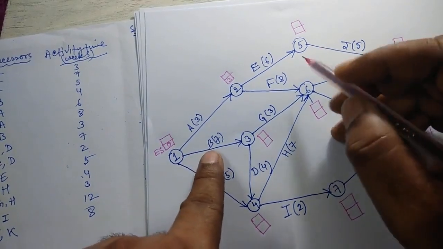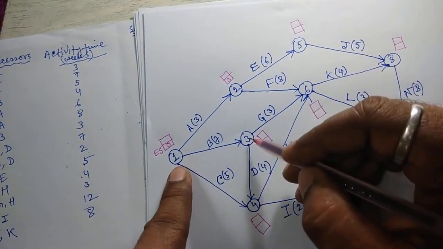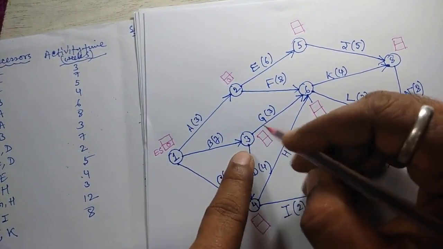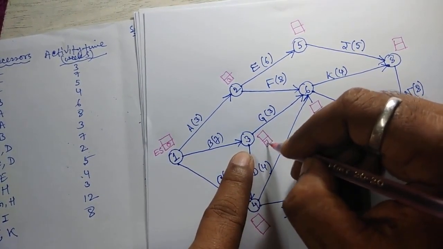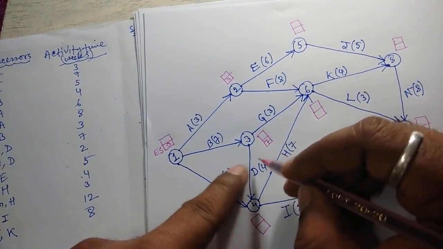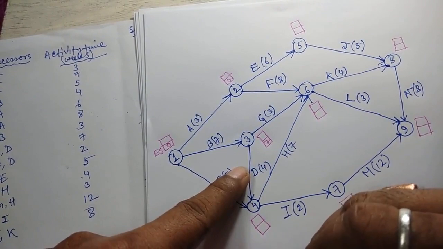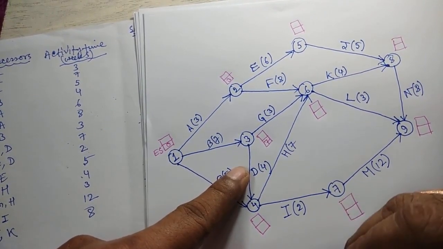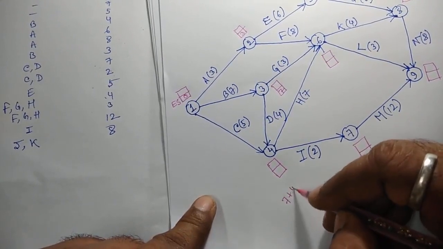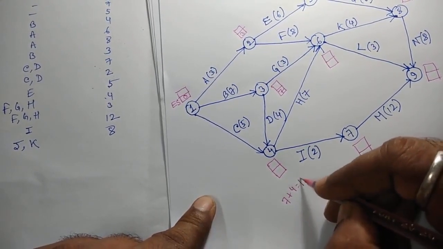Next, for node number 3, it will be 0 plus 7, that is 7. Now, for node number 4, it is 7 plus 4, equal to 11.